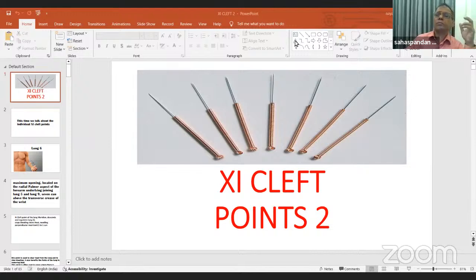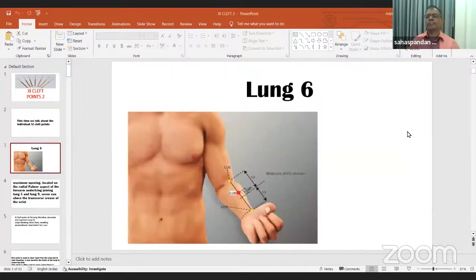So LU6. This is the Xi-cleft point, located on the radial palmar aspect of the forearm.